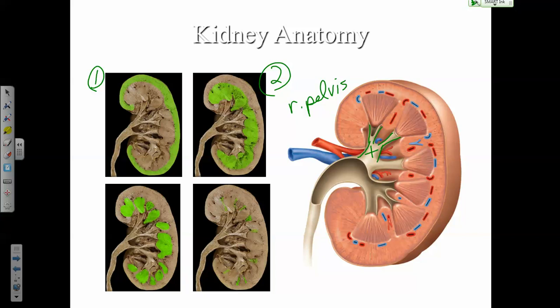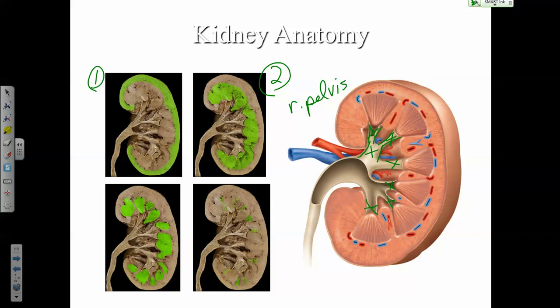C-A-L-Y-C-E-S is plural, calyces. But a major calyx. And then a major calyx separates out into minor calyces. And do you see how there's a minor calyx, there's a minor calyx, there's one. And that's what goes to the bottom of each pyramid. Each minor calyx forms like a cup-like surrounding at the bottom of the pyramid.